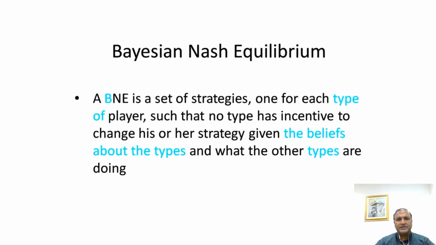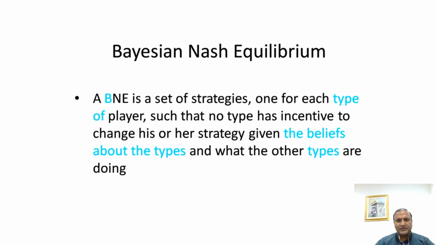So let me start this video by first explaining the Bayesian Nash equilibrium, which we did in the previous lecture. According to the definition, a Bayesian Nash equilibrium is a set of strategies, one for each type of player.